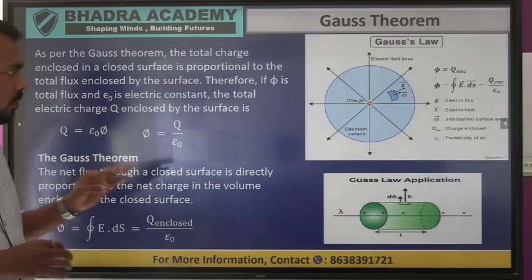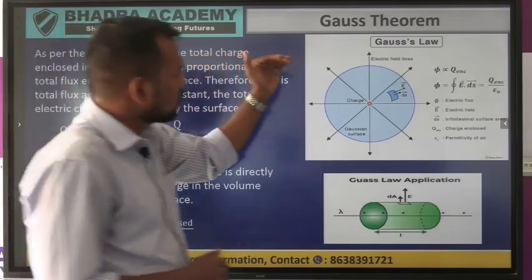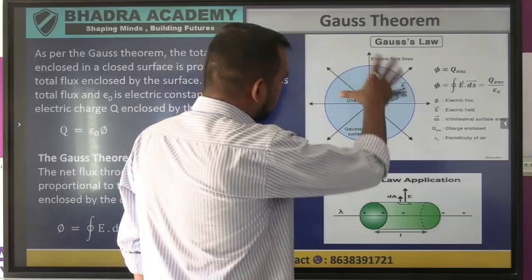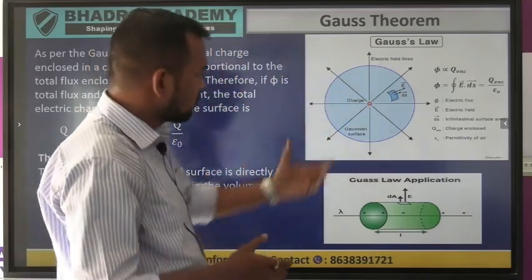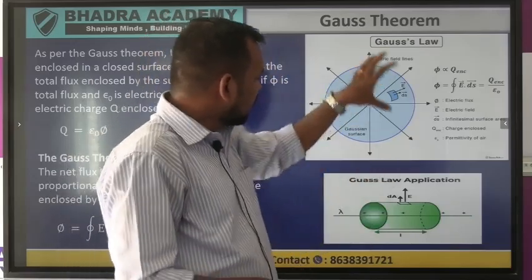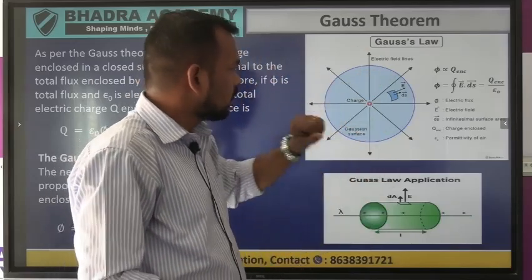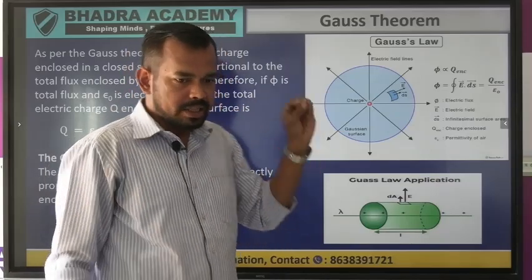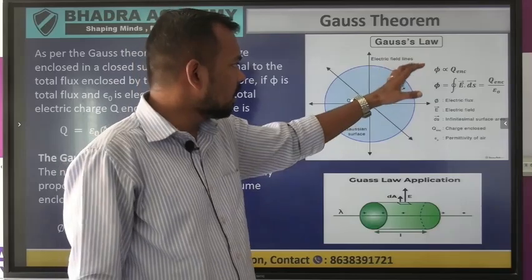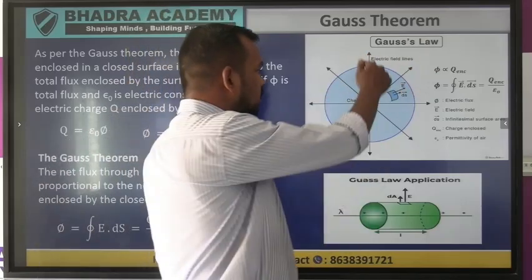Gauss theorem, or Gauss law, talks about a point charge enclosed in a closed surface. This is a spherical surface, a sphere, and in between you have a positive charge exerting an equal electric field at every point of the surface.